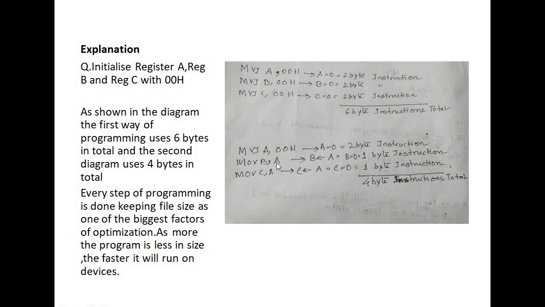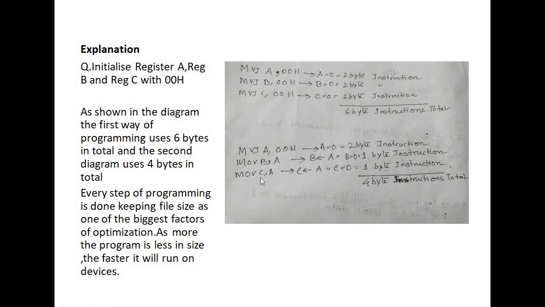No. Register A will still contain 00H, it only gets copied to register B. As I have already told, this is a copy-paste instruction. So B is also initialized with 00H.